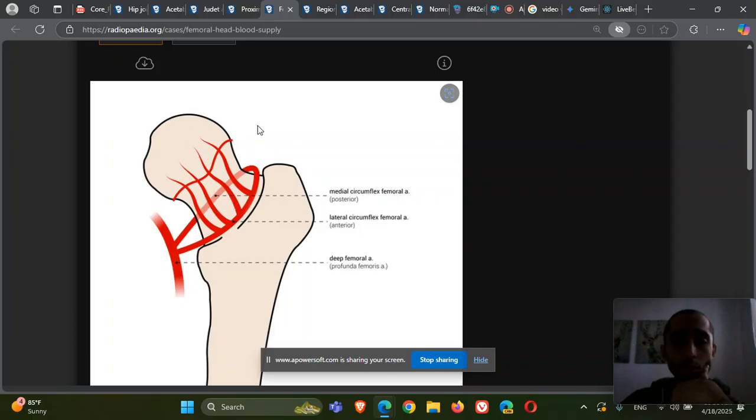The reason is that when there is an intracapsular fracture, the blood supply can easily be disturbed, and the femoral head will undergo necrosis, osteonecrosis, namely avascular necrosis of the femoral head. Therefore, intracapsular fractures are more prone to AVN compared to extracapsular fractures.